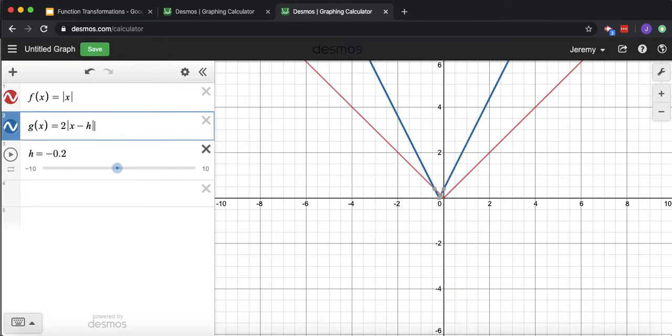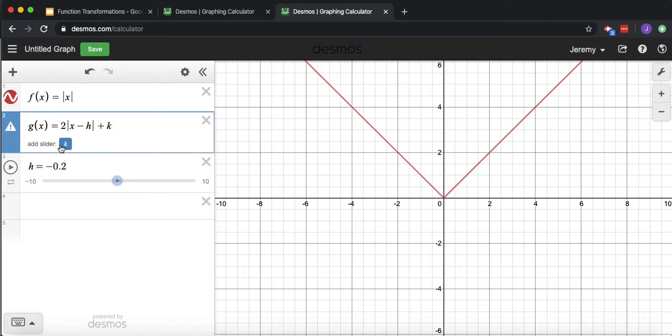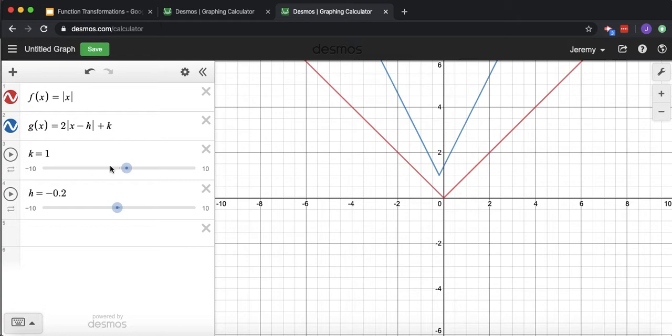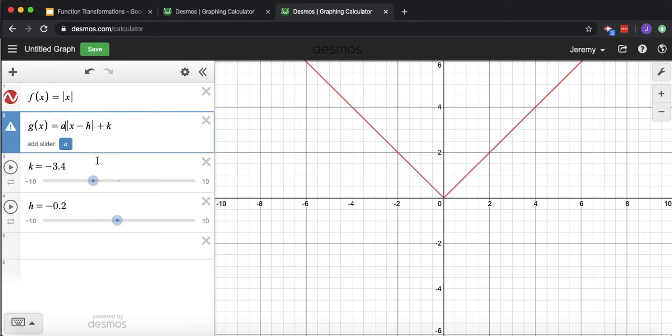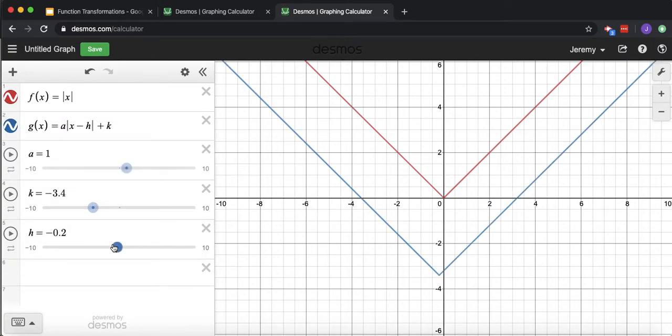I'm going to do the same thing by adding a vertical parameter k, plus k, and this behaves just as I imagine it should. Positive k shifts the graph in the positive vertical direction, negative k shifts the graph down. Then finally, I'll add this last parameter, a.